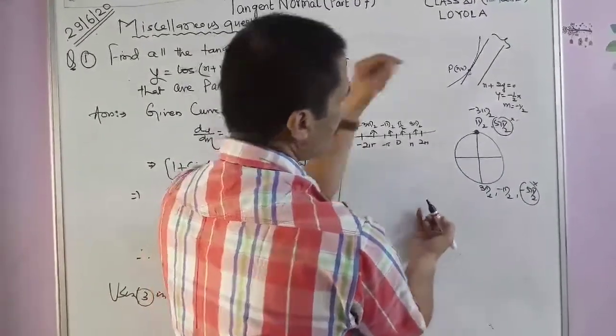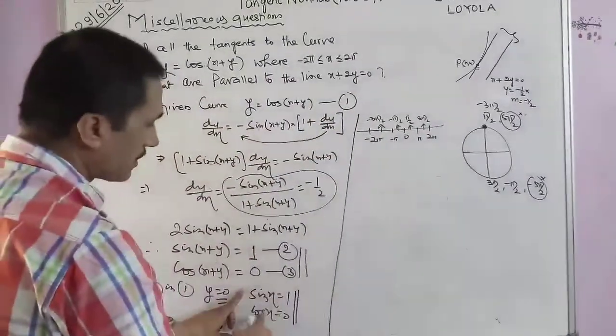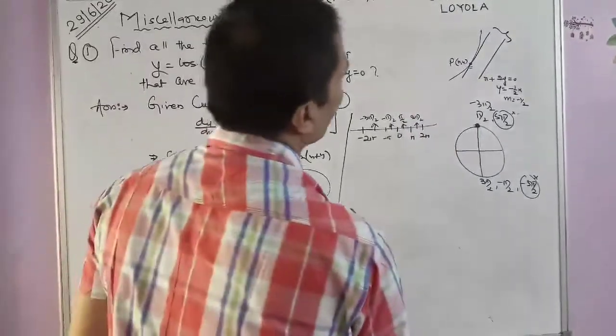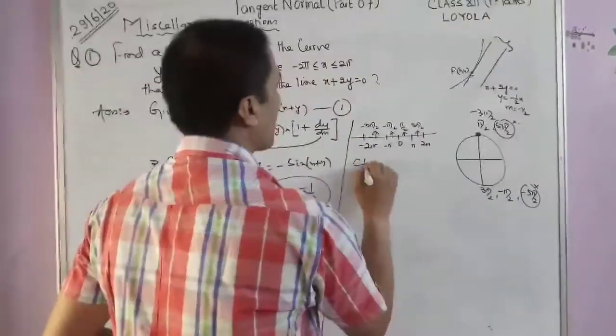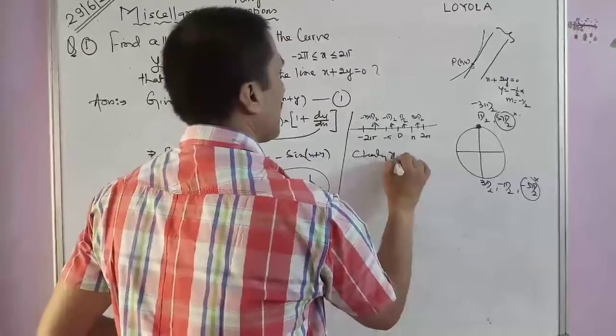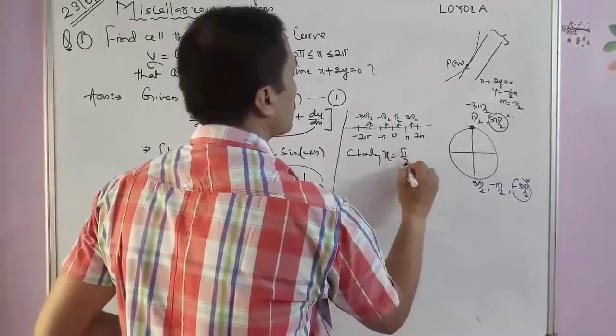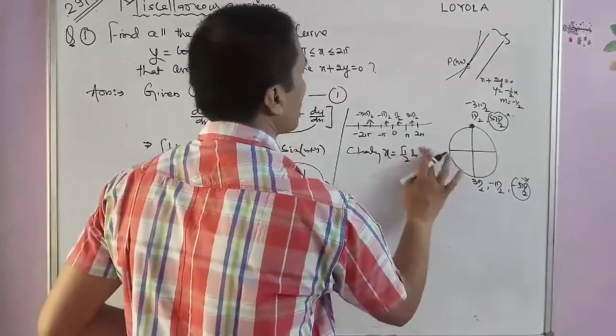Here sin x equal to 1, cos x equal to 0. Clearly x equal to pi by 2 and minus 3 pi by 2.